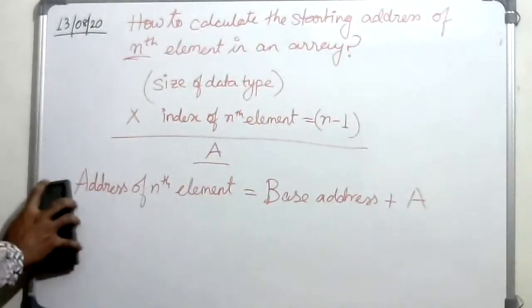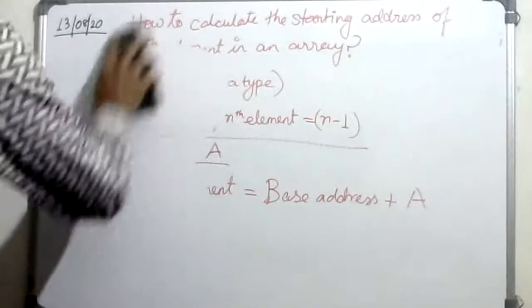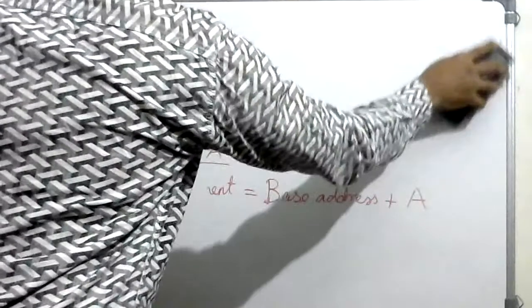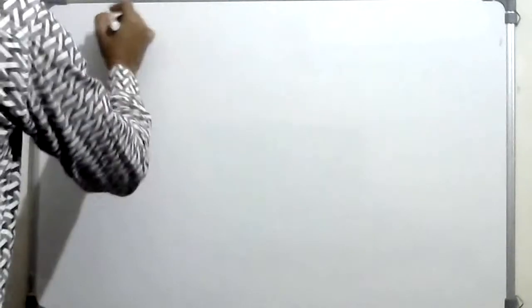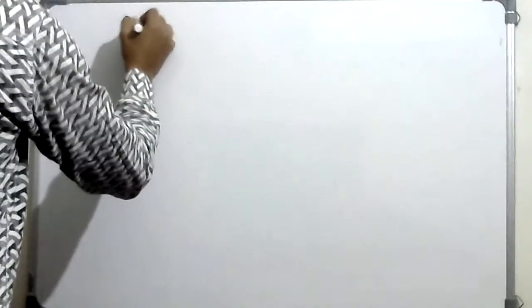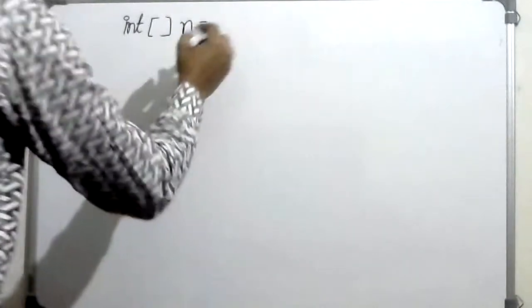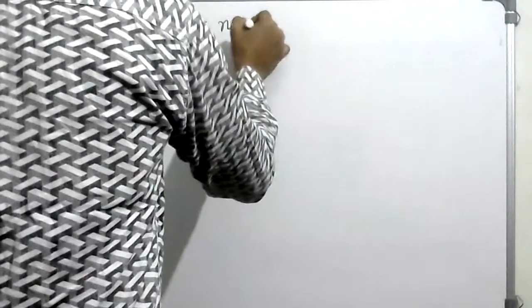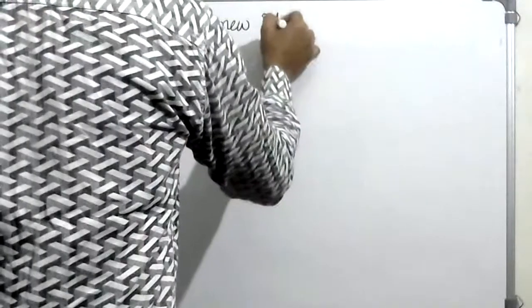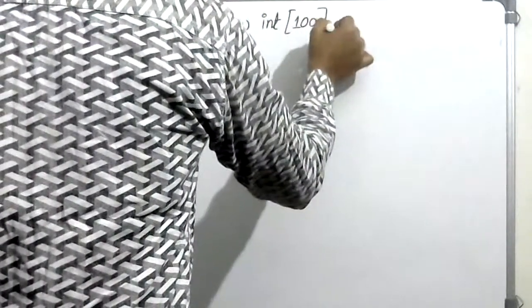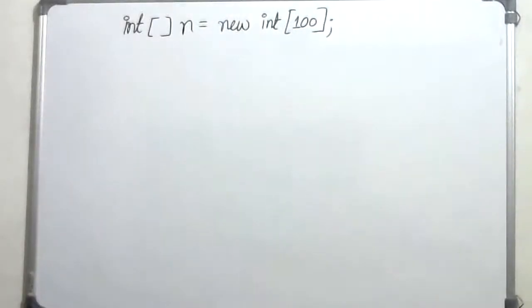Now let's take a look at an example, so it will be much more clear then. Let's say I have this particular array definition. This is an integer array of size 100.